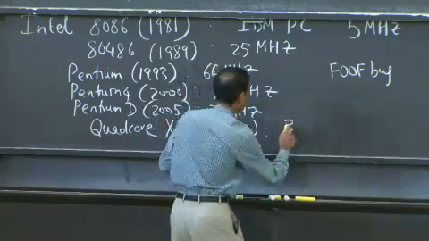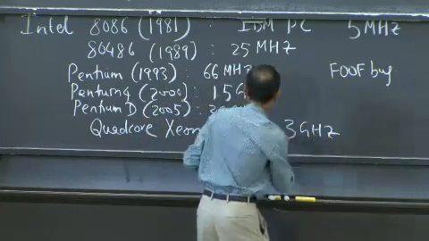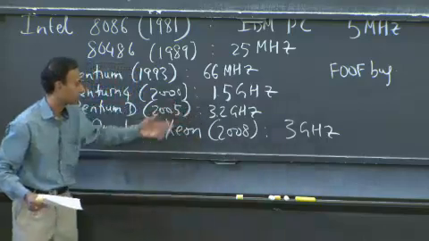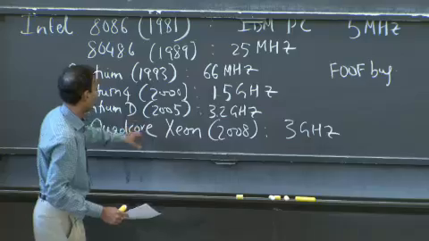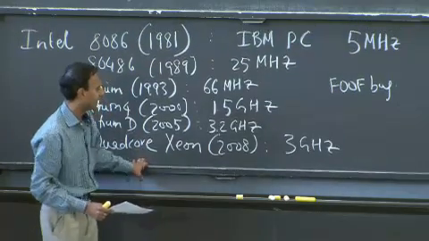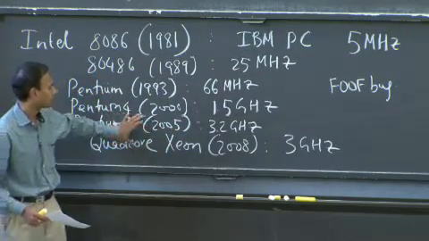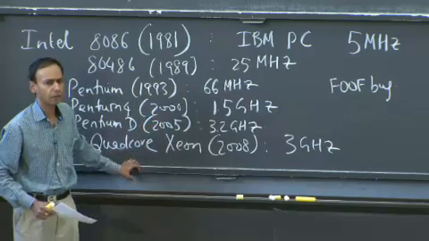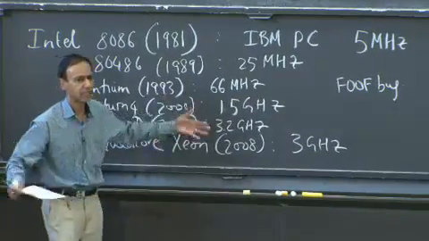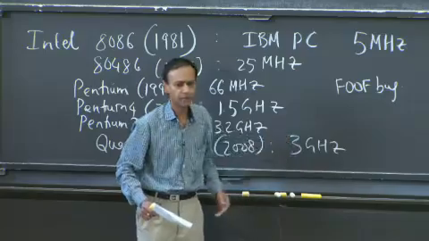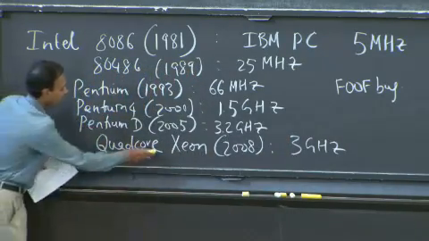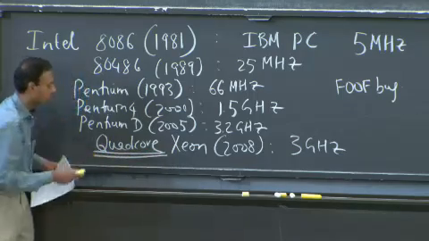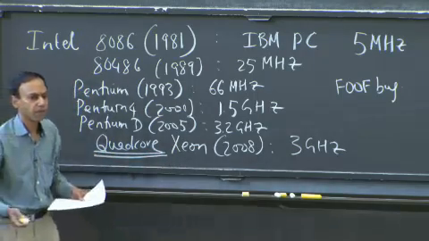You can still buy it. Only runs at 3 gigahertz, which is basically about the same as the Pentium D ran. Each of these has a range of frequencies. And beyond about 2005, the clock speed of processors that you can buy is kind of saturated at about 3 gigahertz. And the way you're getting performance is by putting multiple processors on the chip.